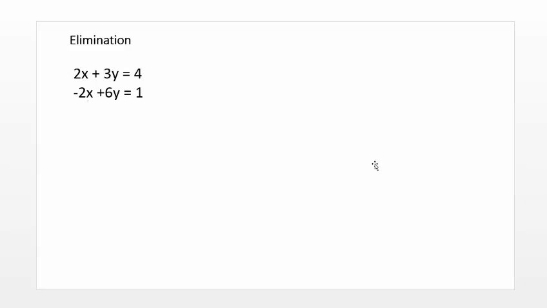Here is a 2 by 2 matrix. This can be represented as a 2 by 2 matrix just to show you. It would be 2, 3, minus 2, 6, and my vector of unknowns is right there. And it equals 4, 1. So I can write it in matrix notation.